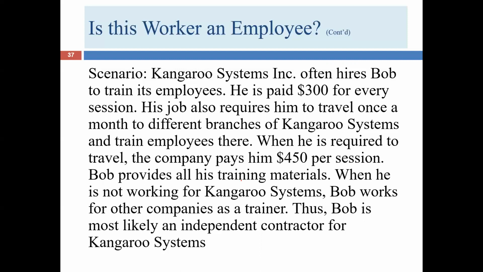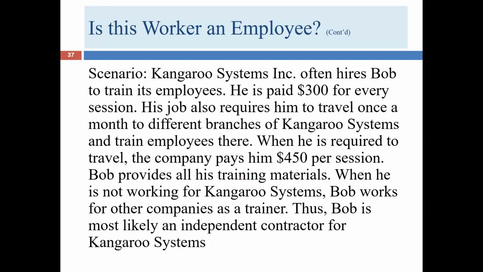Another big indication is that he prepares his own training material and he provides it. He's making the copies. He's giving the booklets or the videos or whatever the training supplies are that he's presenting to the workers that he's training. He's providing all that out of his own budget.